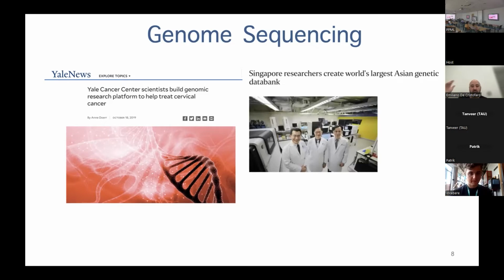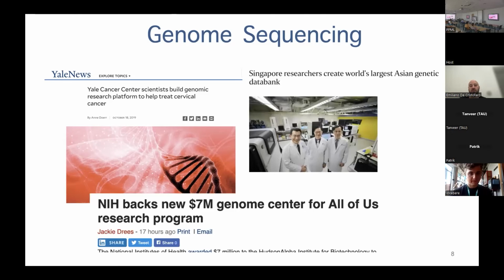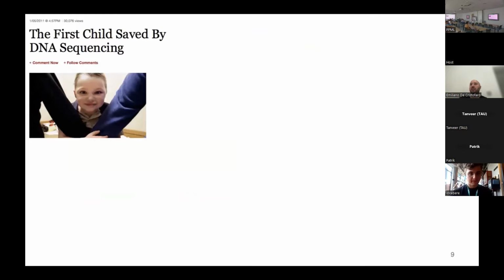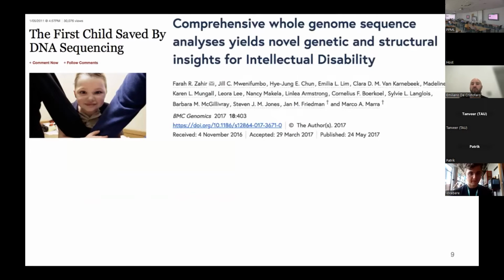Okay, so there are many different initiatives, and this is very important. It's actually producing a lot of great results. So the fact that now we know a lot more about the genome and its impact on our lifestyles, our health, and diseases is really being able to save lives.